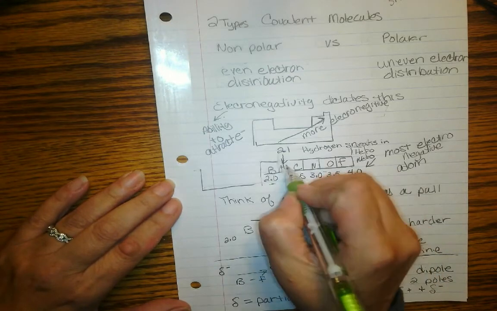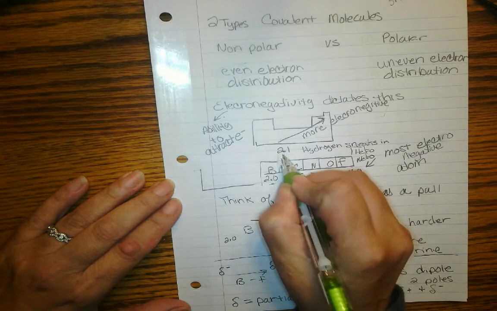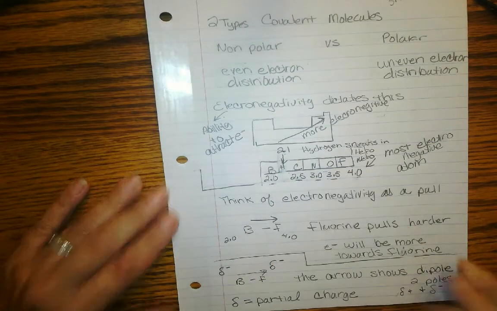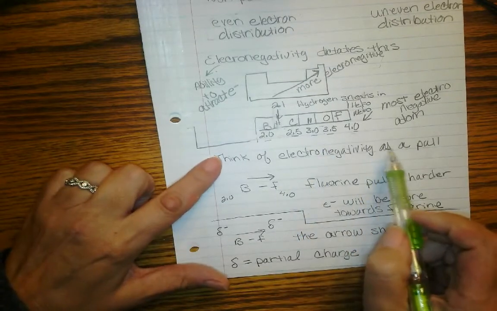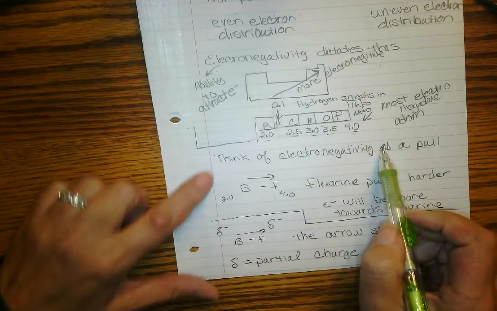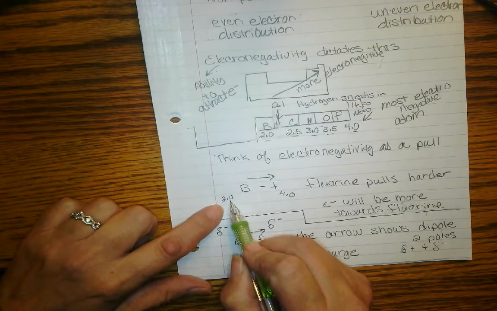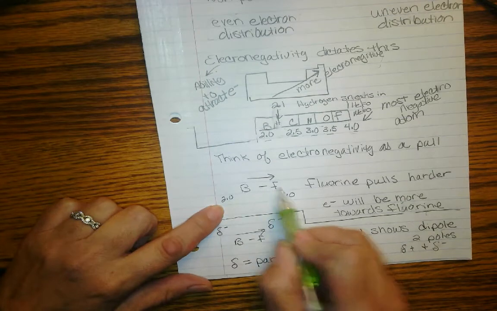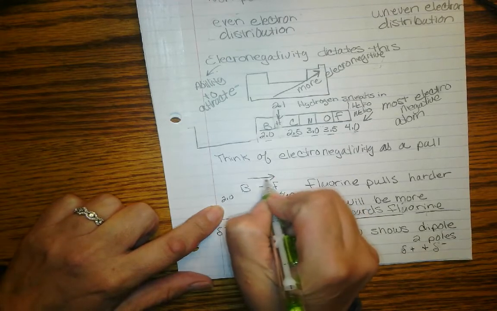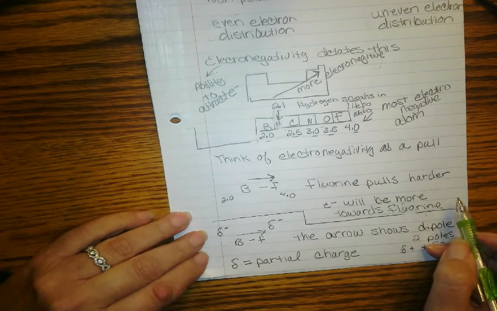Oddly, remember, hydrogen is a nonmetal, so it kind of squeaks in between boron and carbon with an electronegativity value of 2.1. So we want to think of this electronegativity as a pull, right? It's attracting those electrons. So boron has a 2.0 electronegativity value, and fluorine has 4.1. So fluorine's pulling, attracting those electrons harder. So we write this arrow, and this arrow is called a dipole.